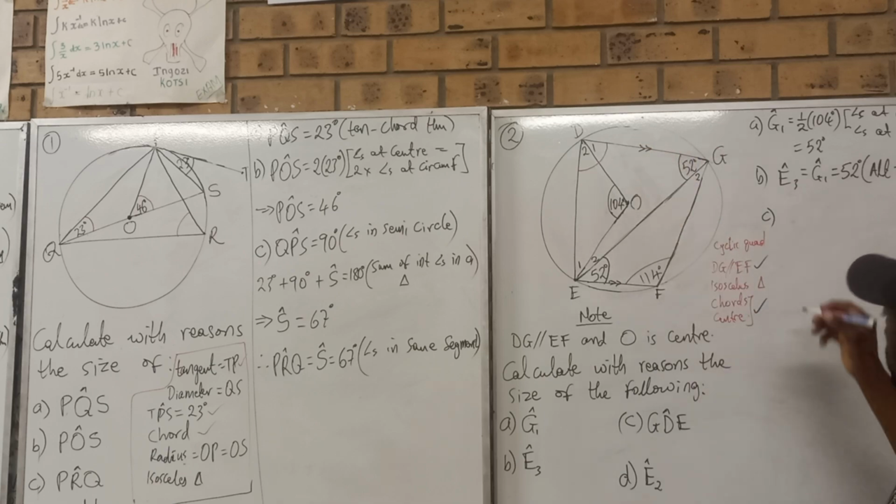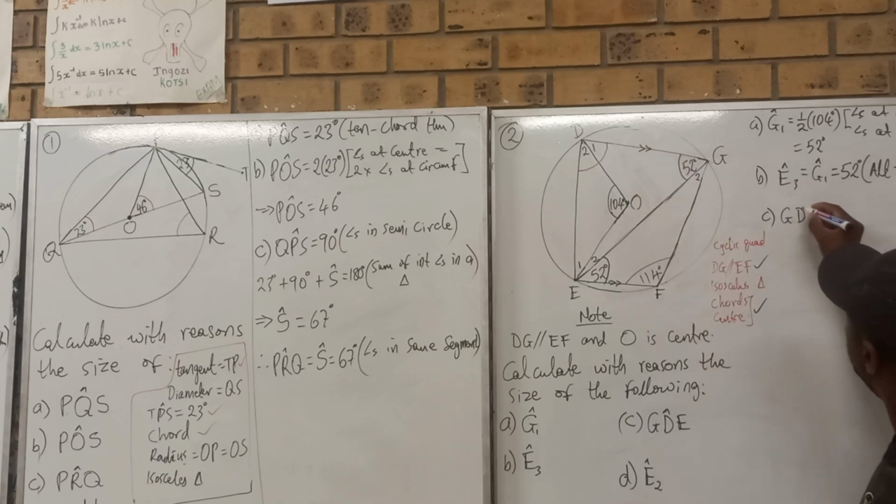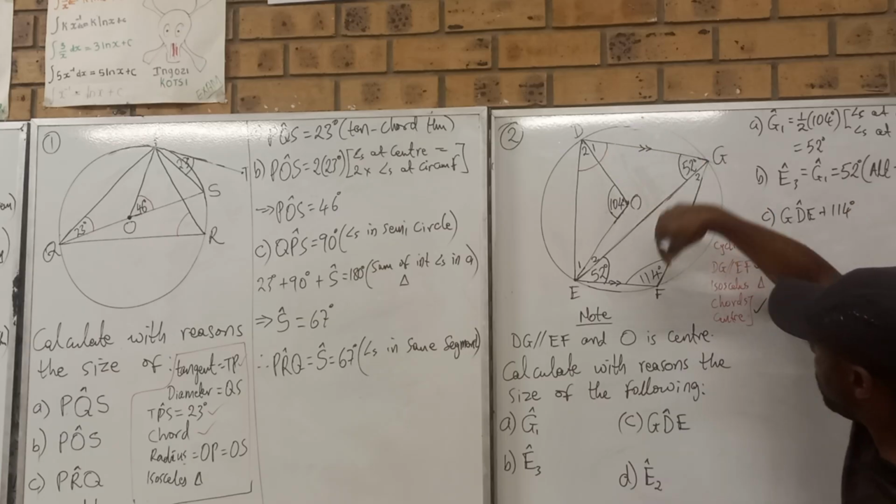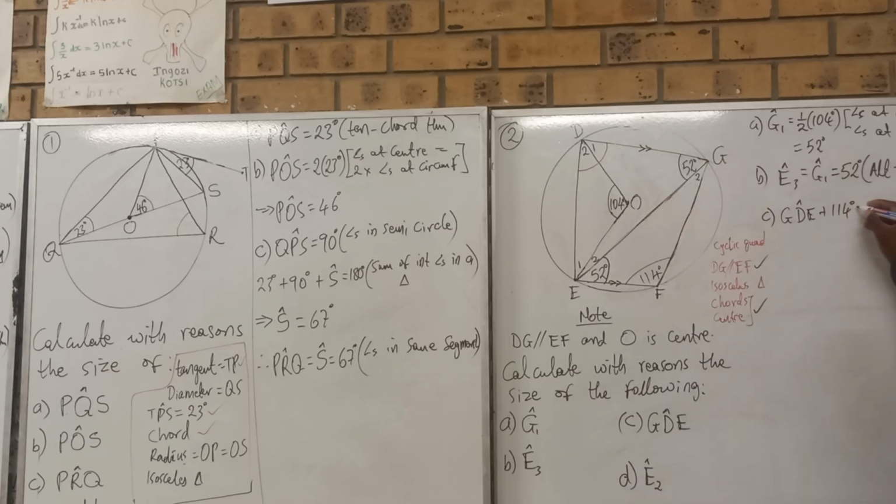So that tells me that GDE plus 114, where you see angle F is 114, is equal to 180. That is opposite angles of cyclic quad. That is our reason.